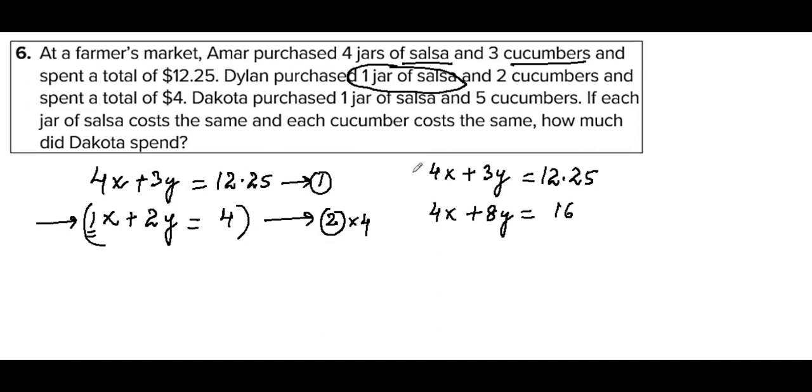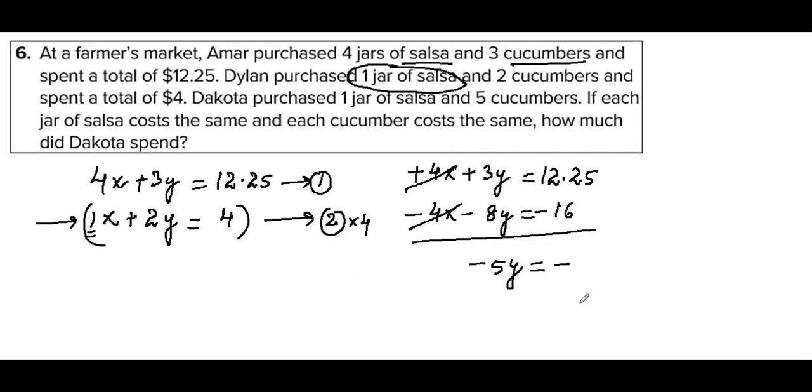We have to subtract because its sign is plus, so one should be negative. Subtract these equations: plus will become minus, so all will become minus. Plus 4x and minus 4x is 0. 3 minus 8 is minus 5y, and minus 16 with the answer being minus because the bigger number has minus here.